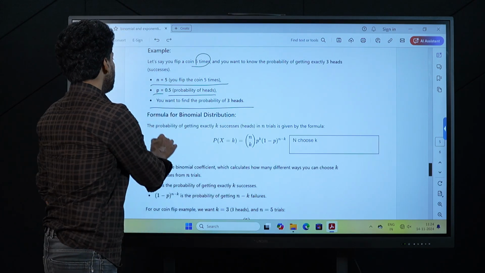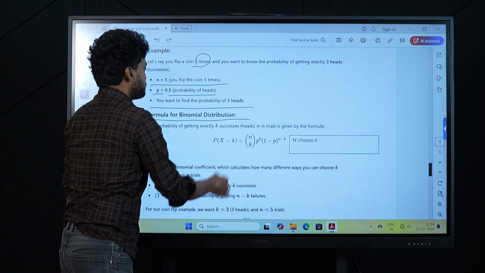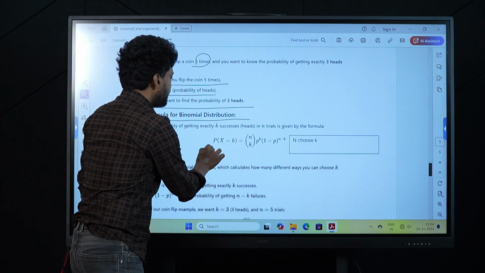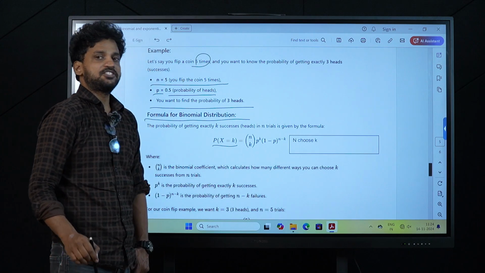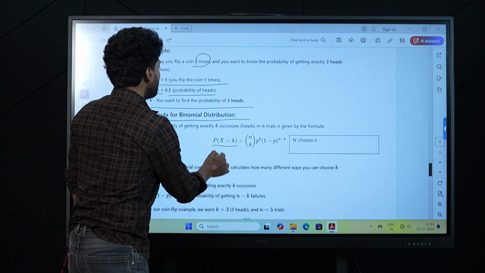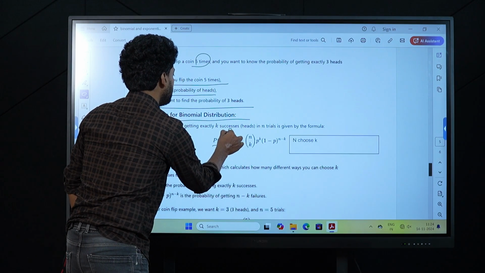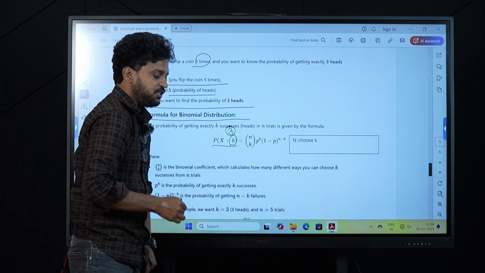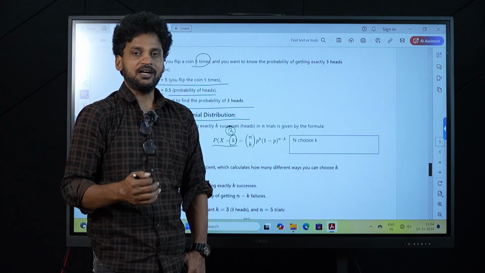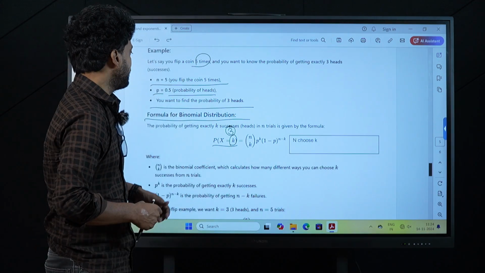Now let us understand the formula for binomial distribution. P of X equal to k, the probability of X equal to k. What is k here? k is 3. For thrice I want success, meaning I want the result to be head.